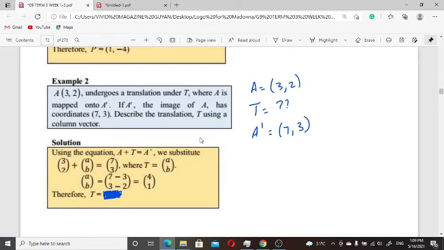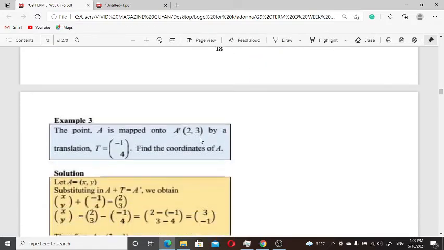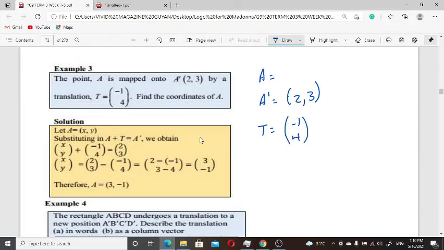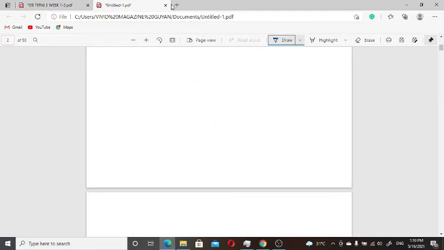All right, so what's next? We're told a point A is mapped onto A prime, which we're given as 2, 3. And our translation in vector form is minus 1, 4. In this instance, what we're solving for is the object. So I'm going to write all of that here.